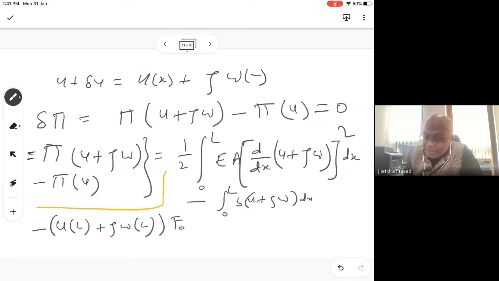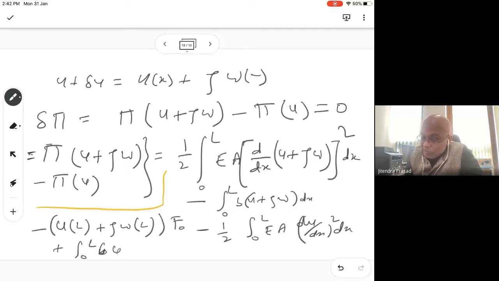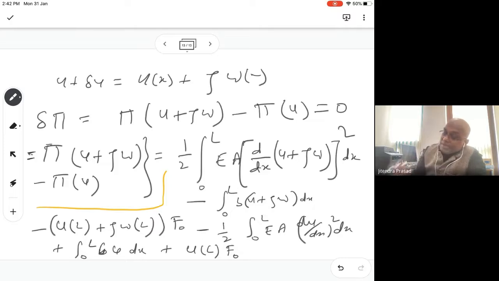Then we have to subtract half integral 0 to L EA du over dx squared dx. Minus becomes plus now, so it will be integral 0 to L B u dx, and then plus again u at L f naught.